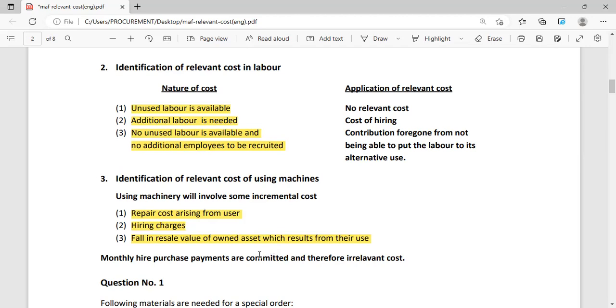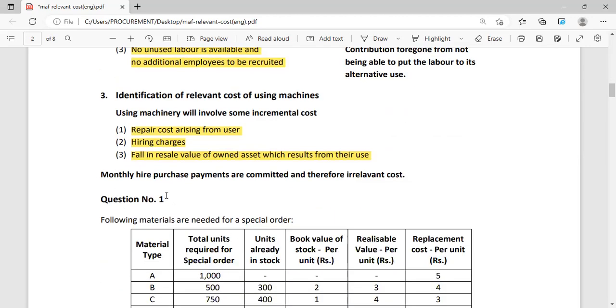So you have to consider that difference as a relevant cost. Monthly hire purchase payments are committed and therefore irrelevant. Whether you use the machine for this project or not, as long as you hire that machine monthly, you will actually pay for it, so it's not relevant to decision making.